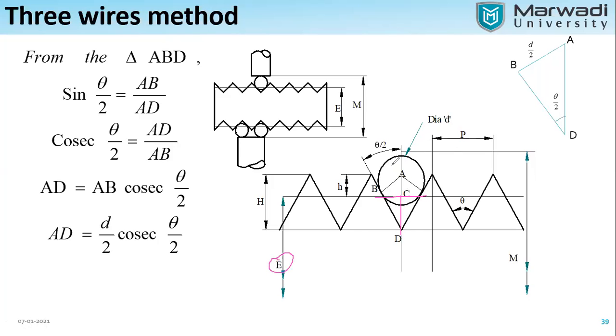Now what we are going to find is this distance, which will be the diameter over the wire, or dimension over the wire M. Suppose here there is a letter G. So our task is to find the distance from C to A and from A to G. This complete distance C to G is required.